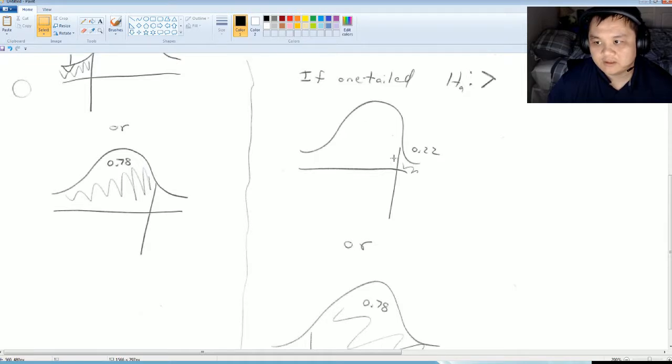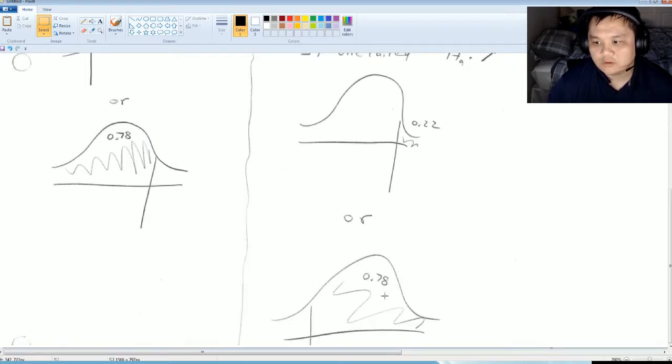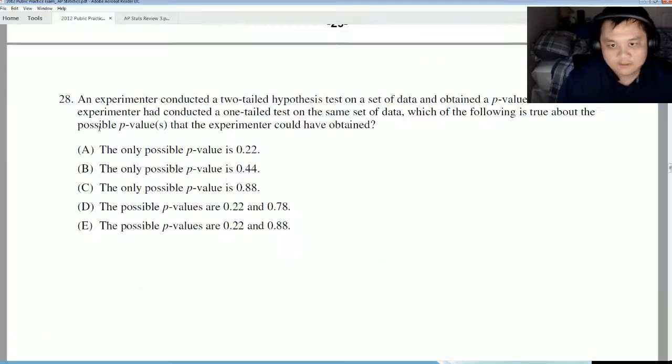So the one tail is either 0.22 to the right or 0.78. Together, it has to be 100%, or 1, because the p-value is a probability. Okay. Good.